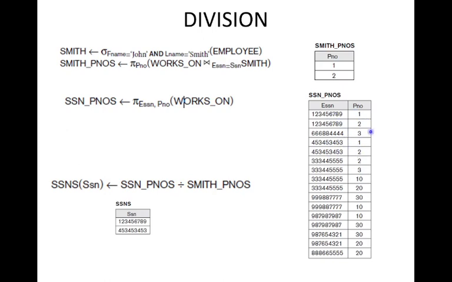So the resultant will contain only ESSN values, that is 1, 2, 3, 4, 5 and 4, 3, 5, 3. After that we can project the first name and last name by joining SSN with employee, simply projecting only the first name and last name. So we'll get the people who are working with John Smith.